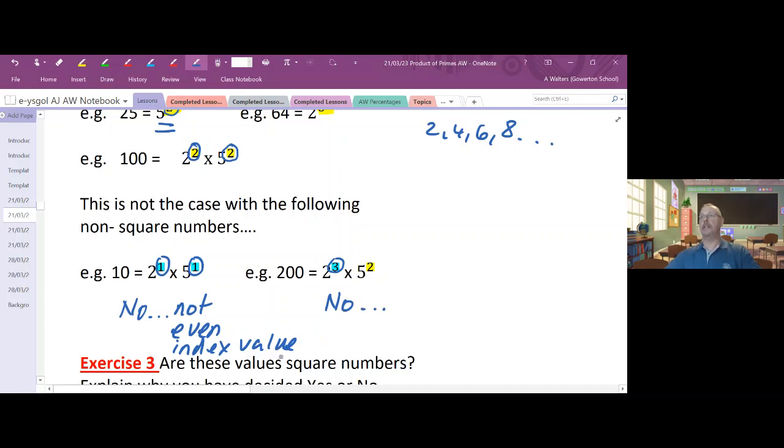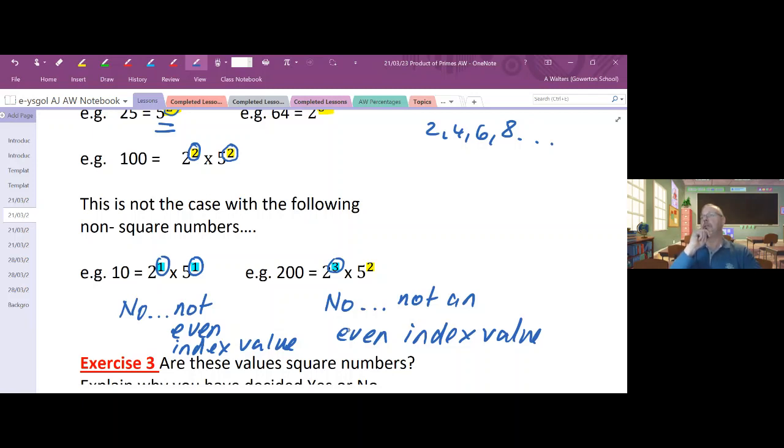And you would say exactly the same as what I said there. It's not an even index value. Or should I say, one of the powers is not an even index value. One of the powers, because the 5 squared is, one of the powers is not an even index value.